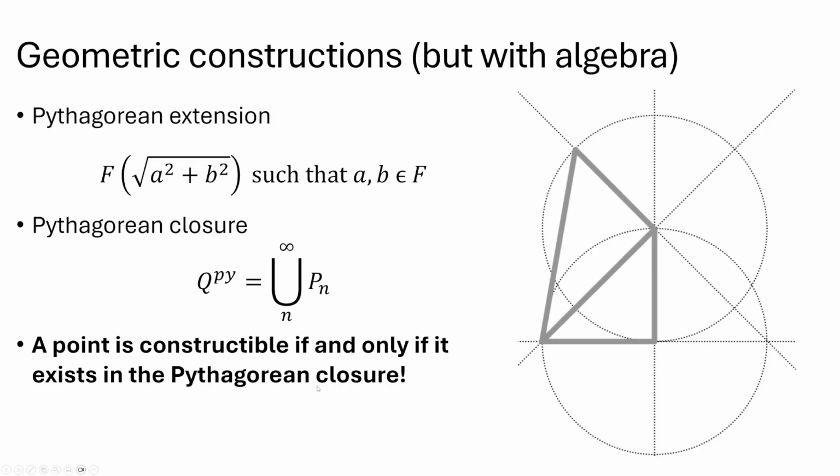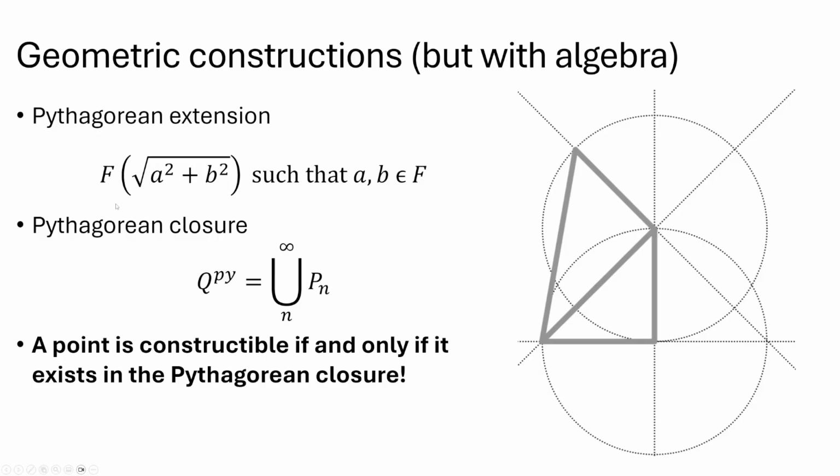So now we can go back to constructions, and there is such a thing called a Pythagorean extension, which is where you have this original field and you're adjoining an element that is the square root of a squared plus b squared. You'll notice that's like the Pythagorean theorem. That's kind of why it's called that, where a squared plus b squared is c squared, but if you take the square root of both sides, then you get c.